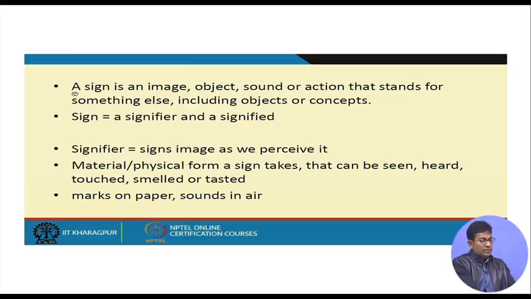But again, let us read it once more. So what is a sign? Essentially a sign is an image, an object, a sound or an action.